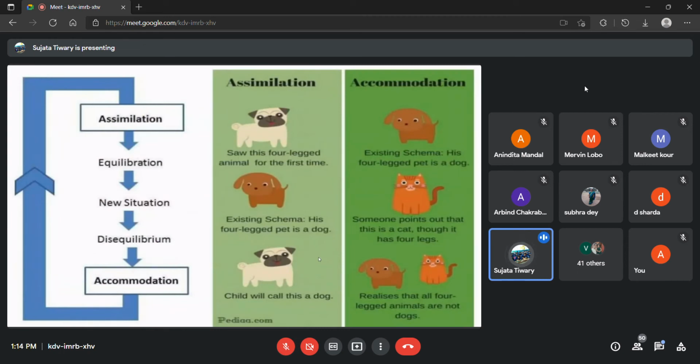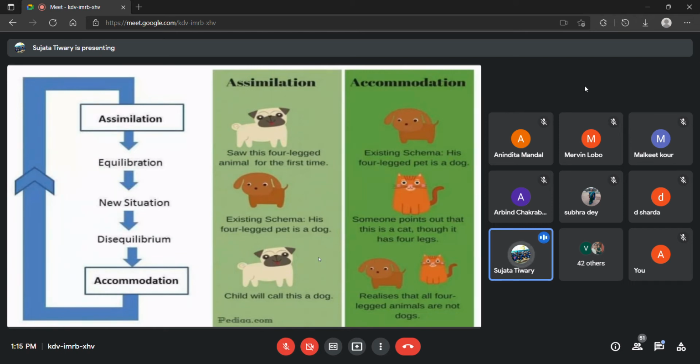We can see one more example. Assimilation: the boy, or any child, saw a four-legged animal for the first time. In his existing schema, that is knowledge, a four-legged pet is a dog. So the child calls this a dog. Now accommodation. The existing schema is that a four-legged pet is a dog.